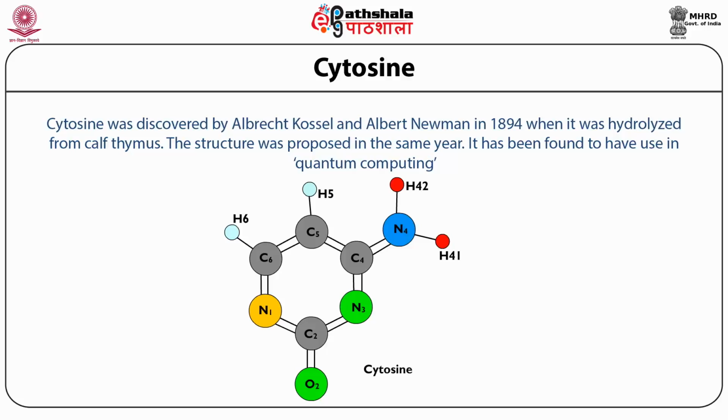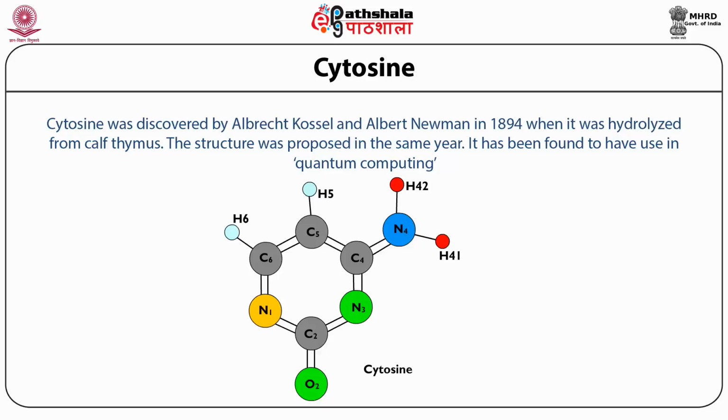using the cardboard models. In this model or the picture, we show the nitrogen with the hydrogen atoms in blue color and the two hydrogens attached to nitrogen 4 by red color.